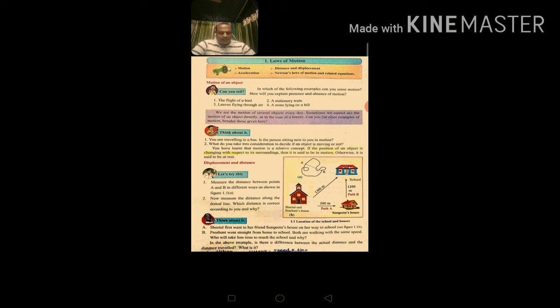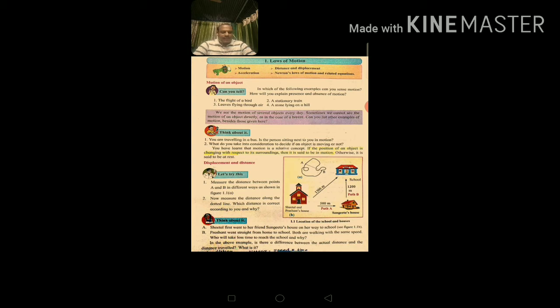Then another example. Sheetal first went to her friend Sangeeta's house on her way to school. Then Prashant went straight from home to school, but both are walking with the same speed. Who will take less time to reach the school and why?